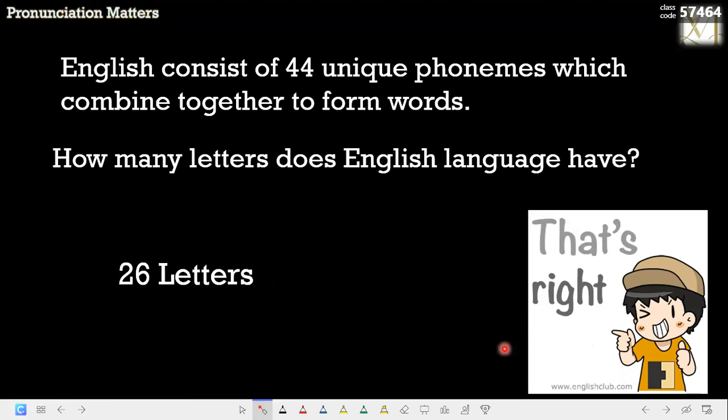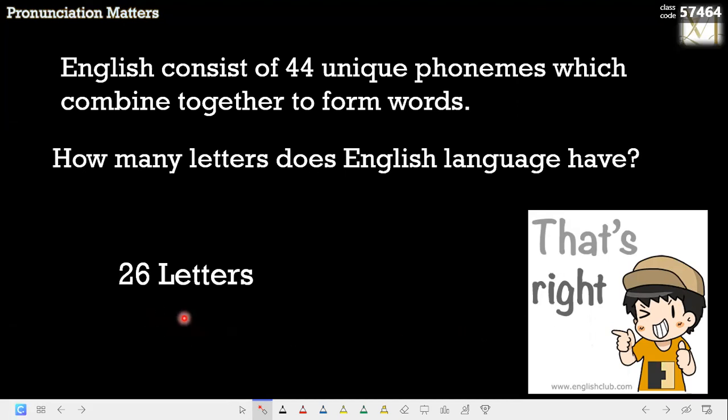If I ask you, how many sounds do we have in English? The answer is 44. English consists of 44 unique phonemes, which combine together to form words. On the other hand, how many letters does the English language have?